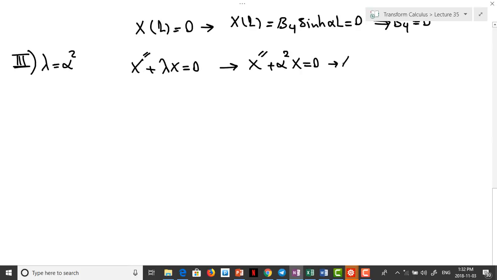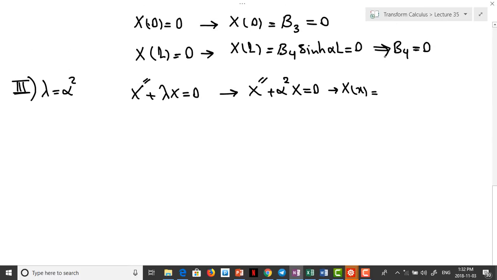As a result, X of x is equal to, we used b3, b4, so here we use b5 cosine alpha x plus b6 sine alpha x.